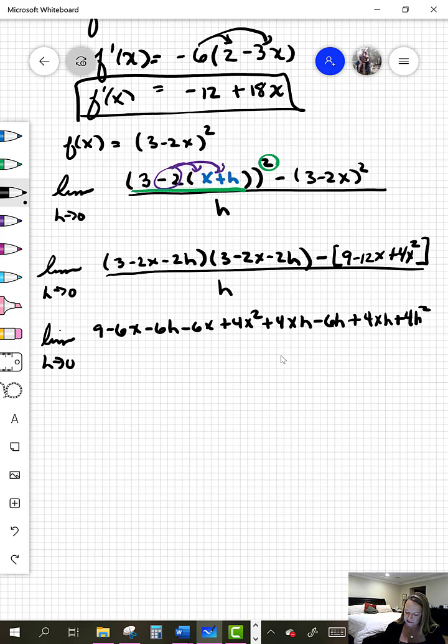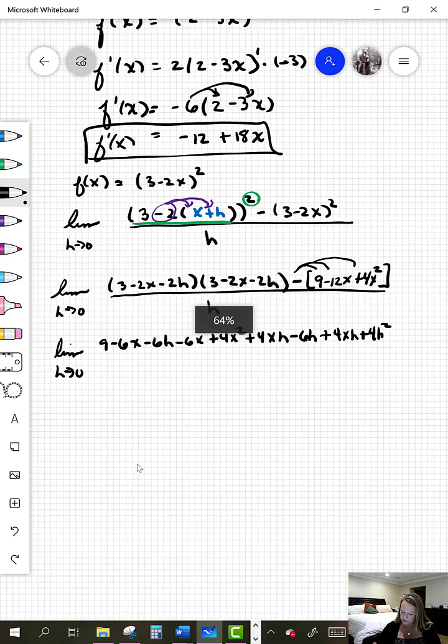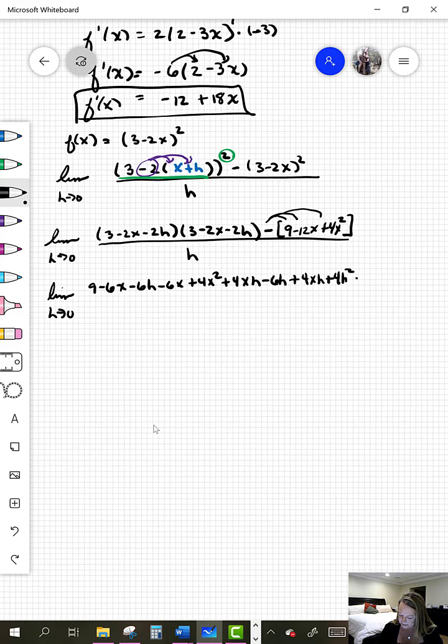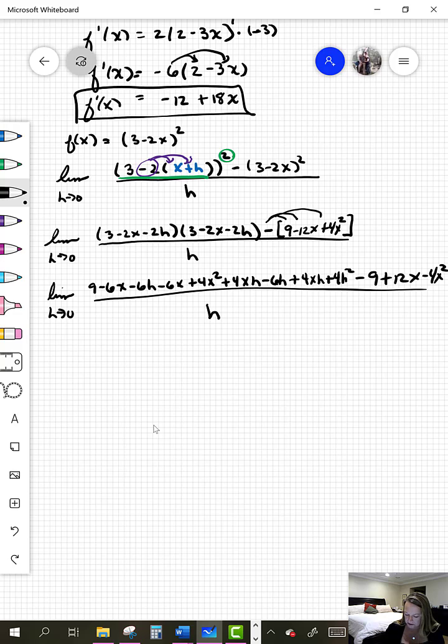And now let's distribute this negative inside this bracket over here. I need to make this a little smaller. So this gives us minus 9 plus 12x minus 4x squared all over h. Things should clean up really nicely and things should start canceling, and all the terms on top should be left with an h if we did this right.